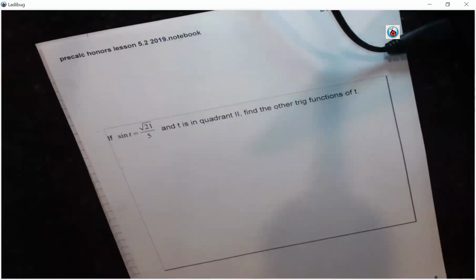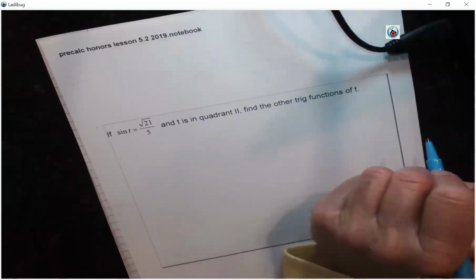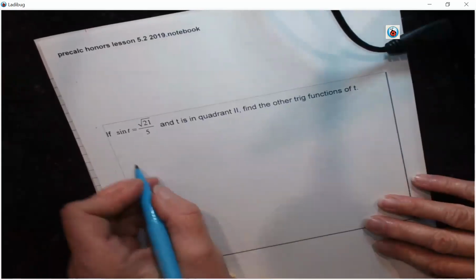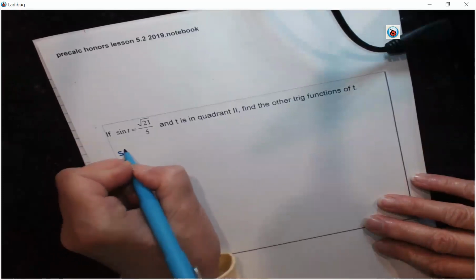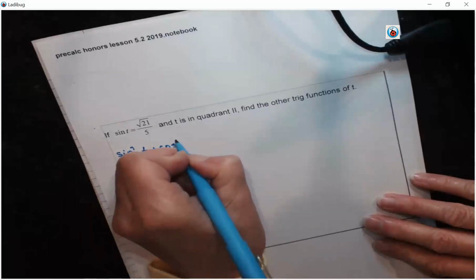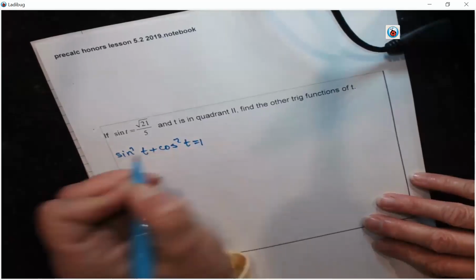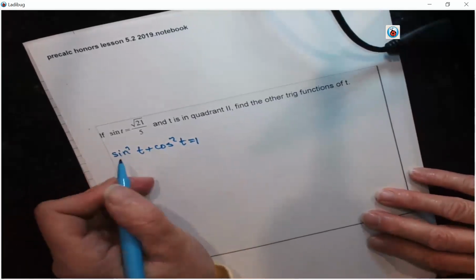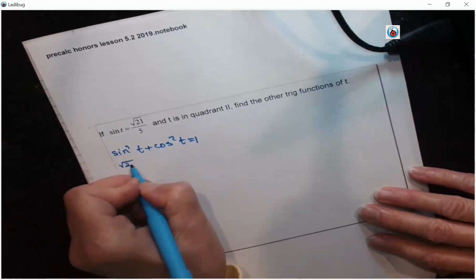All right, if sine of t is equal to square root of 21 over 5 and t is in quadrant number 2, find the other trig functions of t. Okay, so we know that sine squared t plus cosine squared t is equal to 1. And I know the sine of t is root 21 over 5.